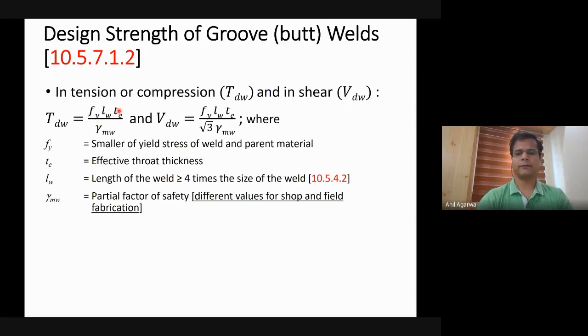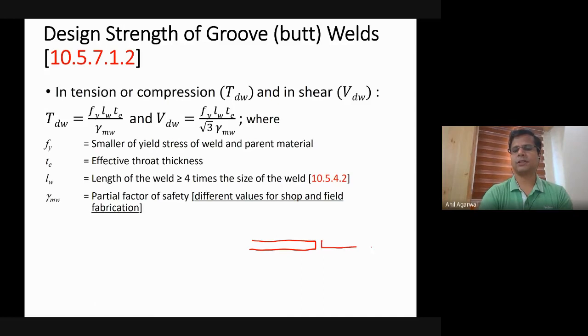Now, maybe I need to draw something to explain what these dimensions are. I may have these two plates welded together. If it's a groove weld, maybe I make a V-shaped groove.